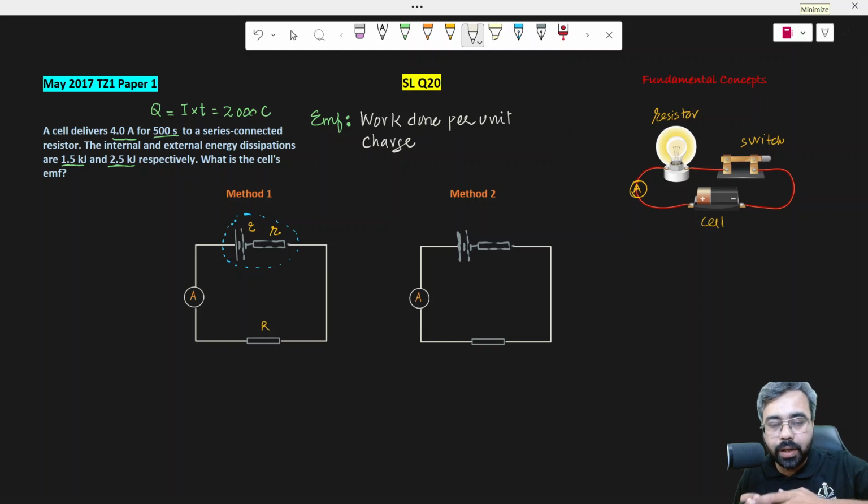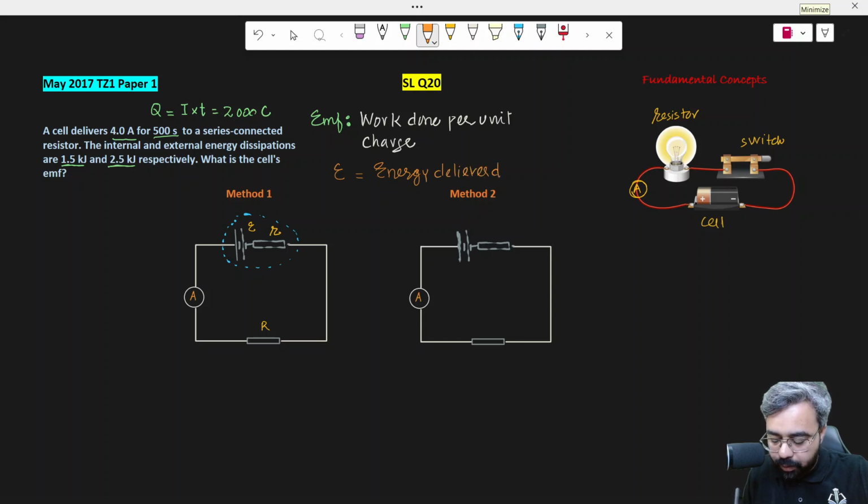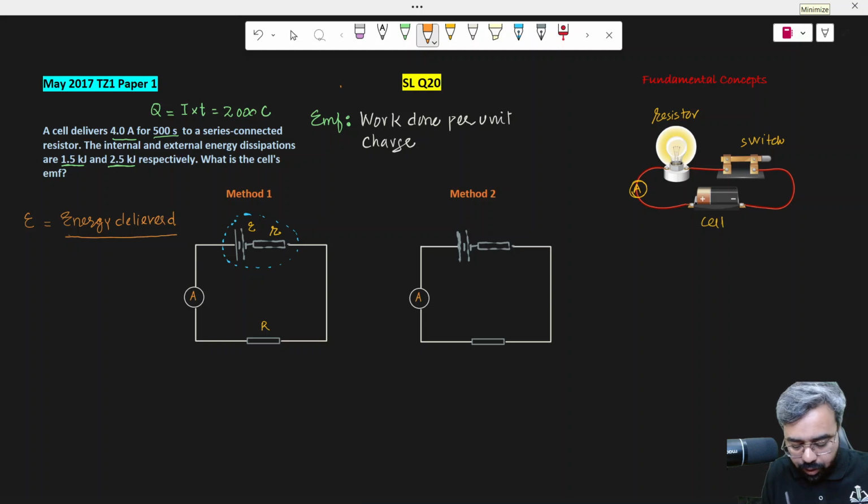It is equivalent to the energy delivered by the cell or a battery to move the charge across the circuit if the circuit is complete. So we can also say that the EMF E is equal to the energy delivered, which comes from the work done that a cell or a battery does per unit charge.